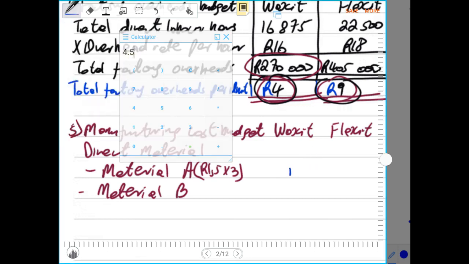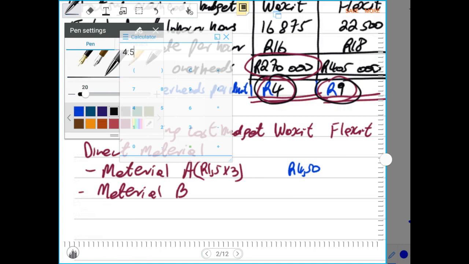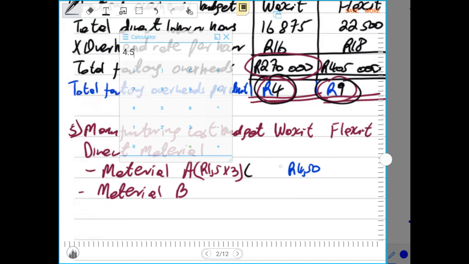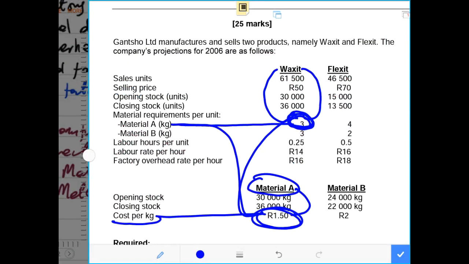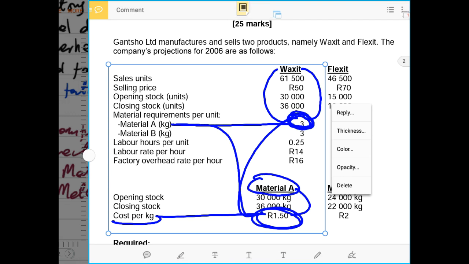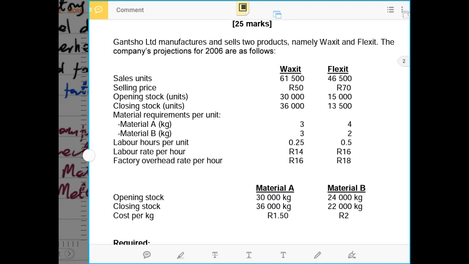Then we go to the second stage, and we also open brackets, and we say material A is also required in product flexit. That means product flexit also needs some kgs of material A.